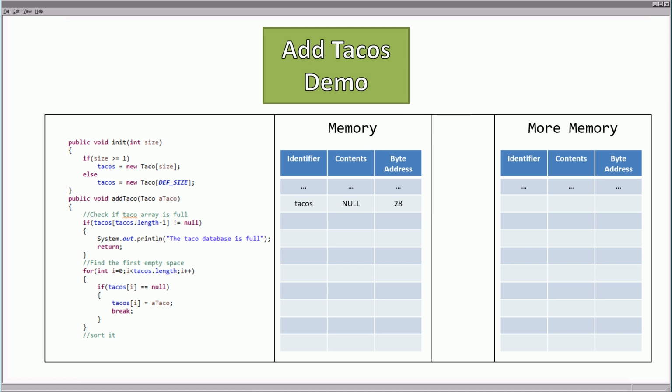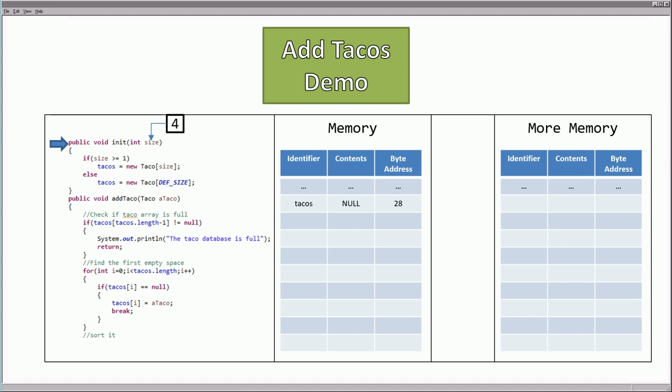So let's just start from the beginning. Let's assume, just for argument's sake, when we called the method init, that size happened to be 4. We used the default size, but let's just assume that we did set it up to be size 4.